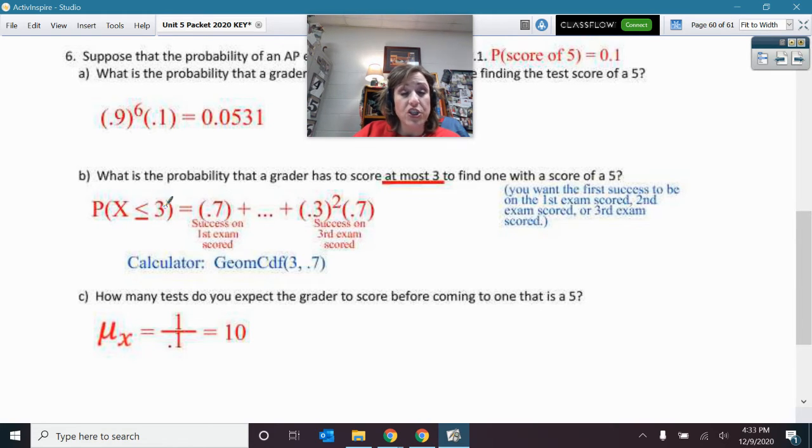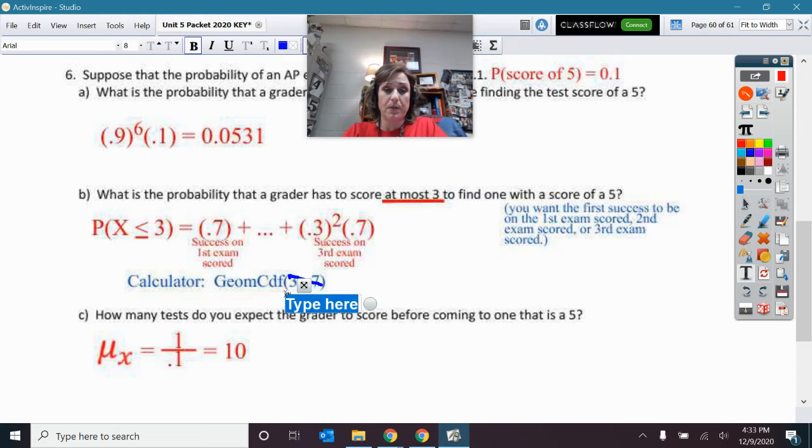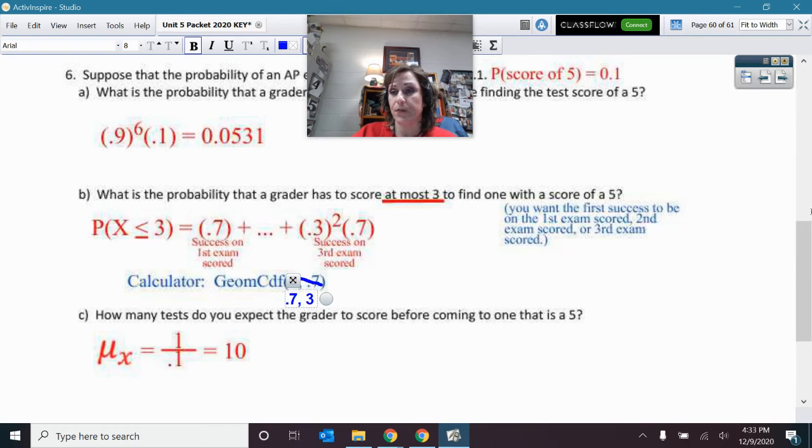You could also just show the first in the sequence up to the last in the sequence, which is the third one, and geometric CDF of, ooh, look, I switched that around. That should be saying I want 0.1 to occur in the third spot. So that should be geometric CDF of 0.1, 3. I want 0.1 to occur in the third spot, in and before the third spot.